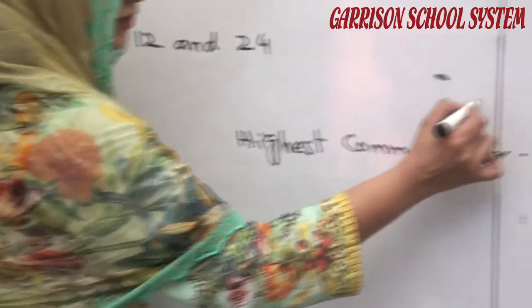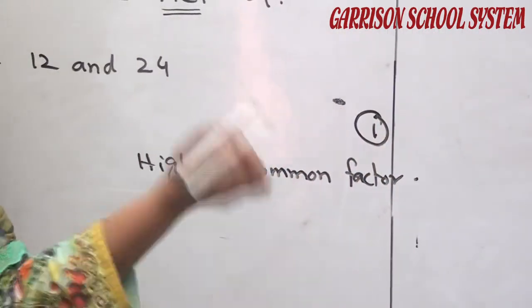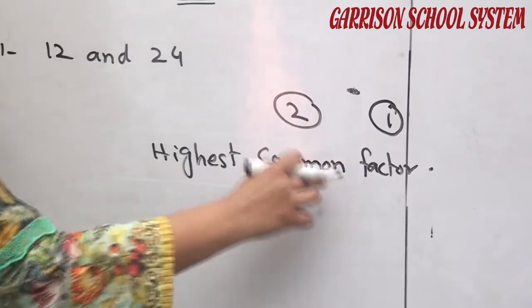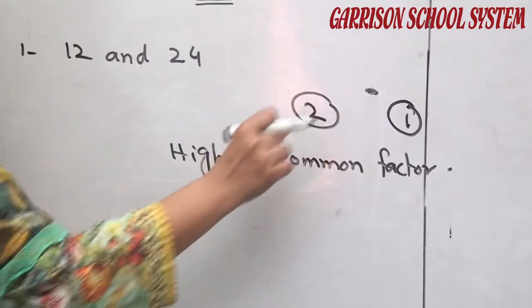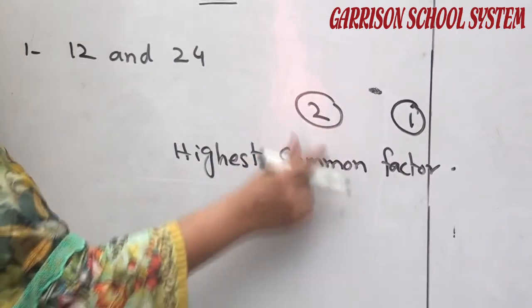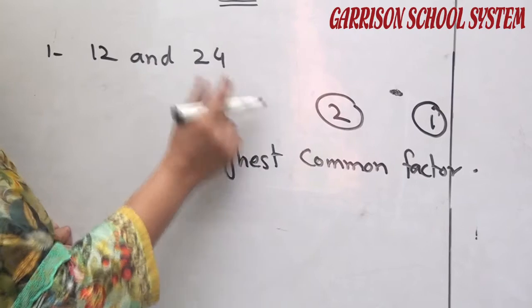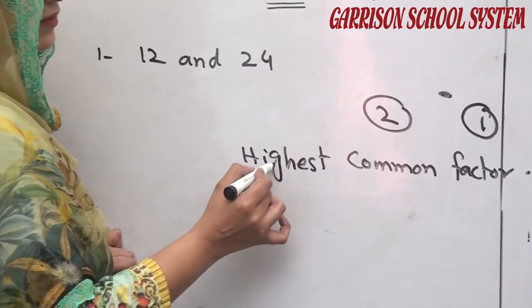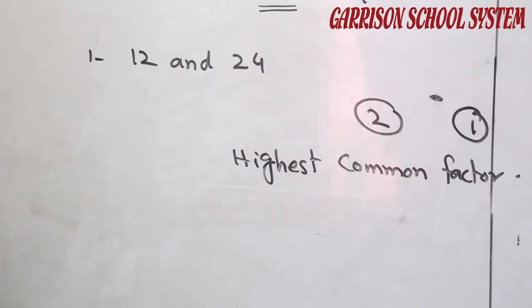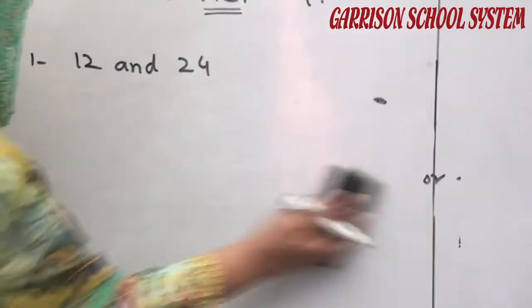Next, we will find the common factors. Whenever I find the factors, it is easy for us to find the common factors of 12 and 24. And afterward, we can find out the highest common factor. In this way, let's start the question.